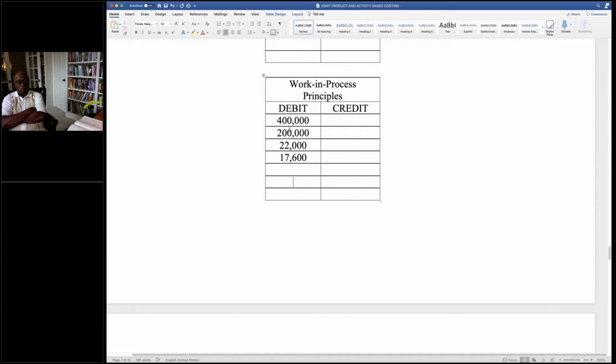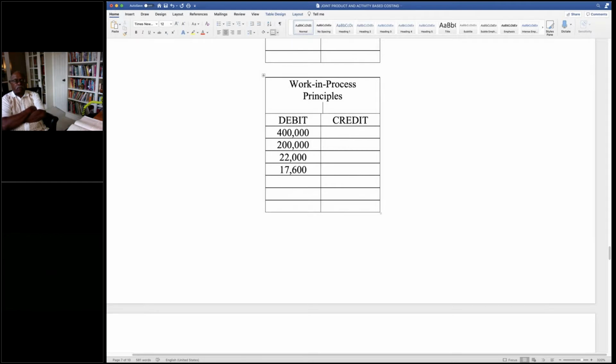And the way that we would get the credit side of that, first we would look at their original expected amount to be made, which is listed in the assumptions as 20,000 units. So we're going to compare the amount that they were supposed to make to the amount that they actually made.